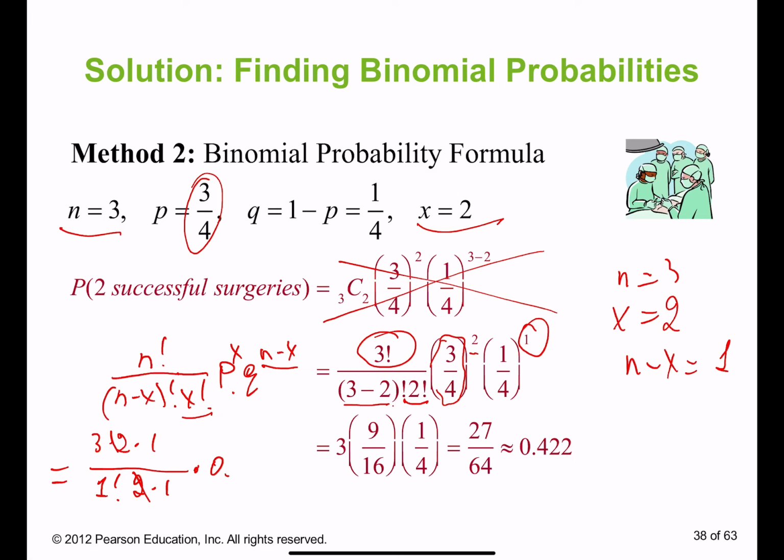Here will be 0.75 to the power 2, and then times 0.25 to the power 1. If you do this math, practically only 3 is left, right? 3 times 0.75 squared times 0.25. You should get approximately 0.422.